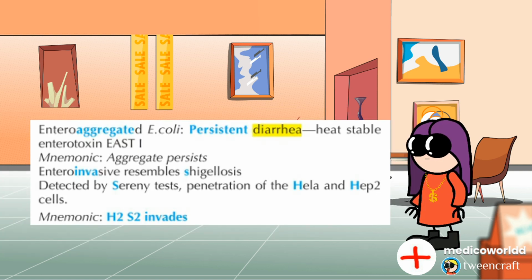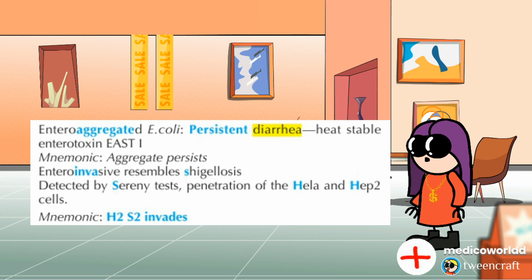Now, enteroaggregative E. coli causes persistent diarrhea, and that is related with the heat-stable enterotoxin EAST1. You can remember that as aggregate means persist: enteroaggregative diarrhea causes persistent diarrhea.